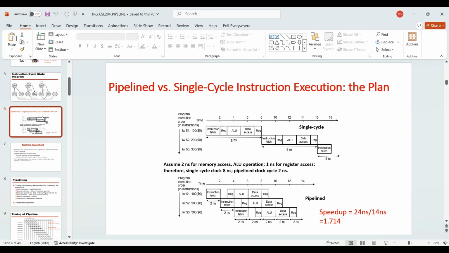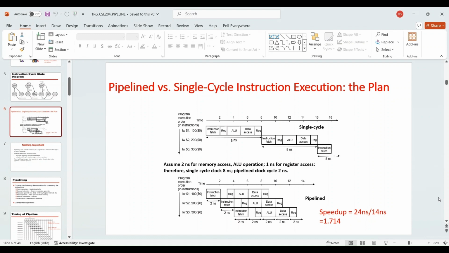So all these stages are taking different amounts of time, but total instruction execution is taking 8 nanoseconds. I'm just saying nanosecond because that is a usual time that it takes. The unit is not mentioned here. So, two instructions will get completed in 16 nanoseconds, and three instructions will get completed in 24 nanoseconds without applying the pipelining technique.